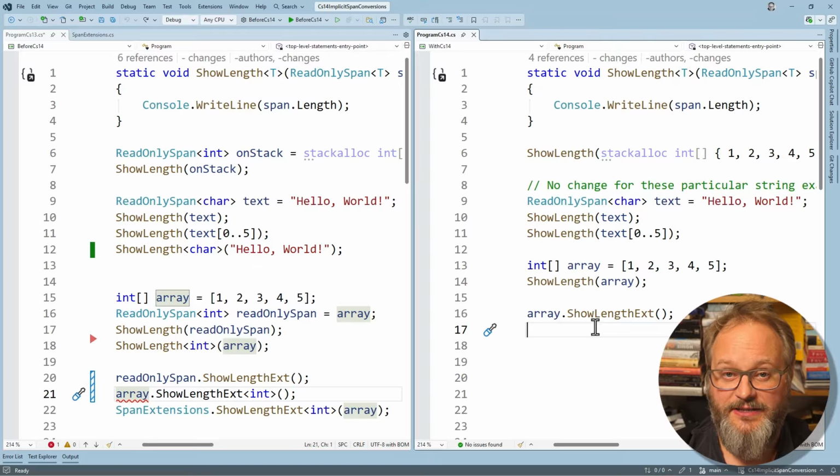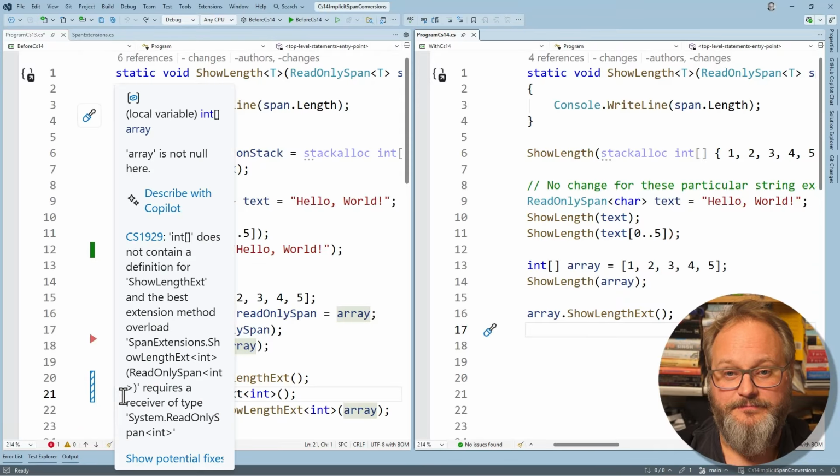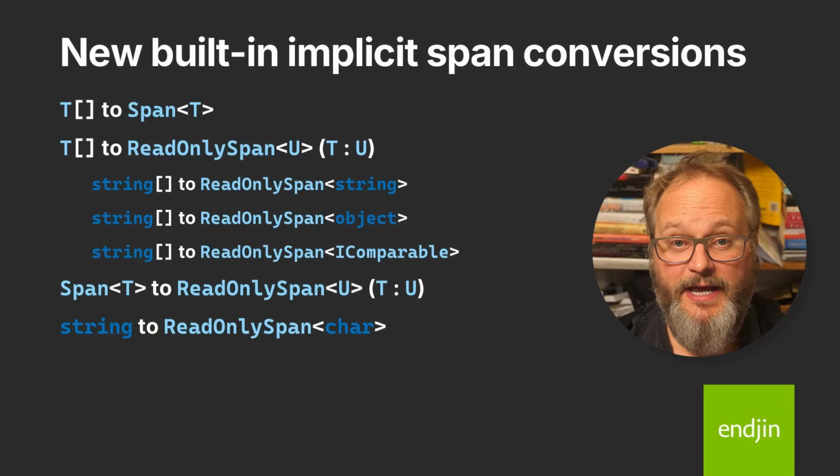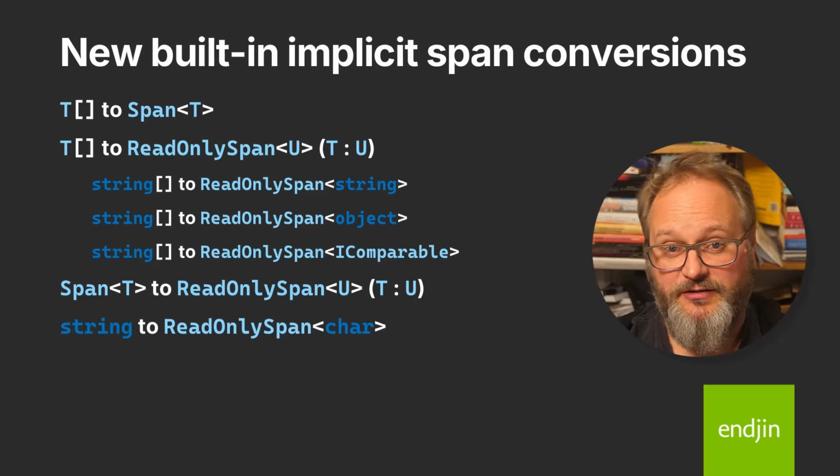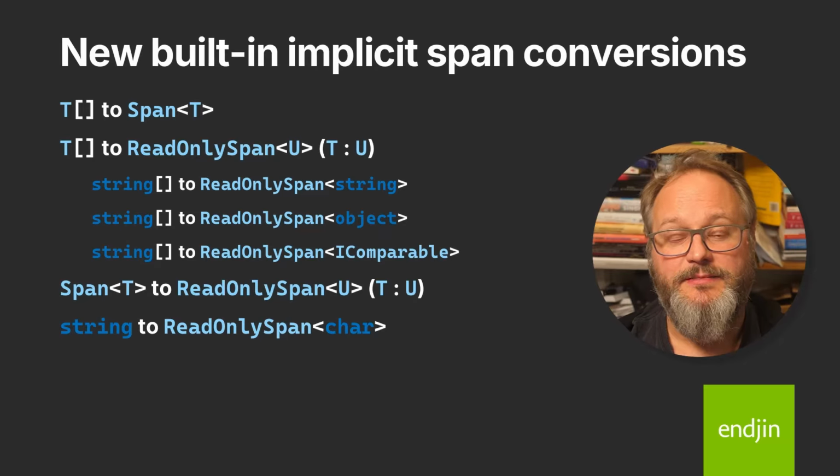The new rules mean that when trying to resolve this method, the compiler will consider the new implicit conversions from arrays to spans, which means that my showLengthX method is now a candidate, which it wasn't in C# 13. So we have these new built-in implicit conversions and some changes to the rules for extension method resolution. This enables the most important feature. Extension methods for spans now work like you'd hope they would with arrays.